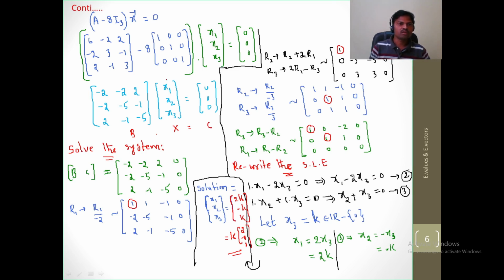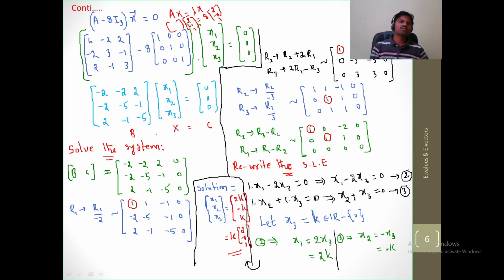Matrix A is already given, so verify Ax is equal to lambda x: write matrix A times 2, minus 1, 1, equal to 8 into 2, minus 1, 1.